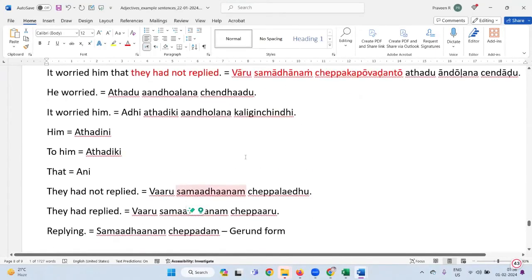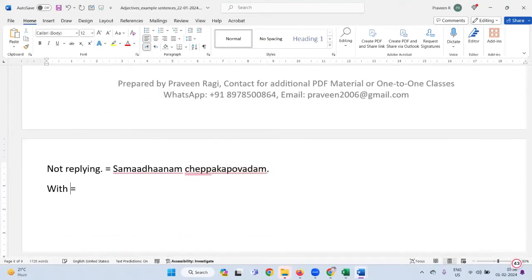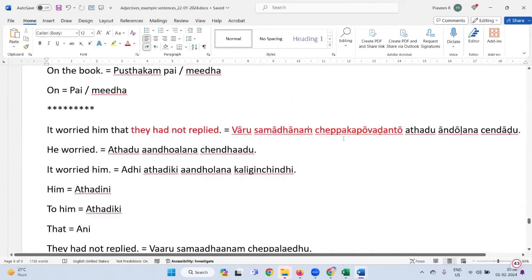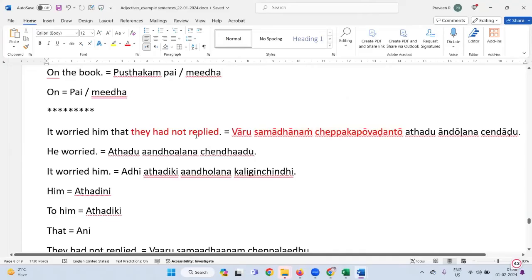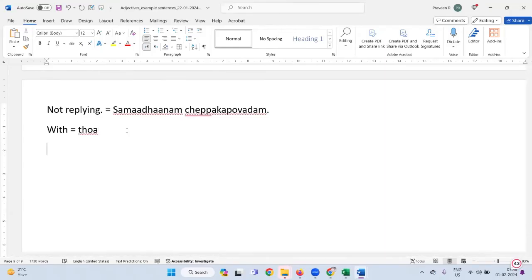చెప్పకపోవడంతో means with. It is little confusing, but if you understand basic small patterns, it will be clear. So, okay. So with this reason, what reason? Not replying. So with the reason of not replying, in that sense, we used this meaning, I think. Okay. Let me write that one also. With the reason of not replying.